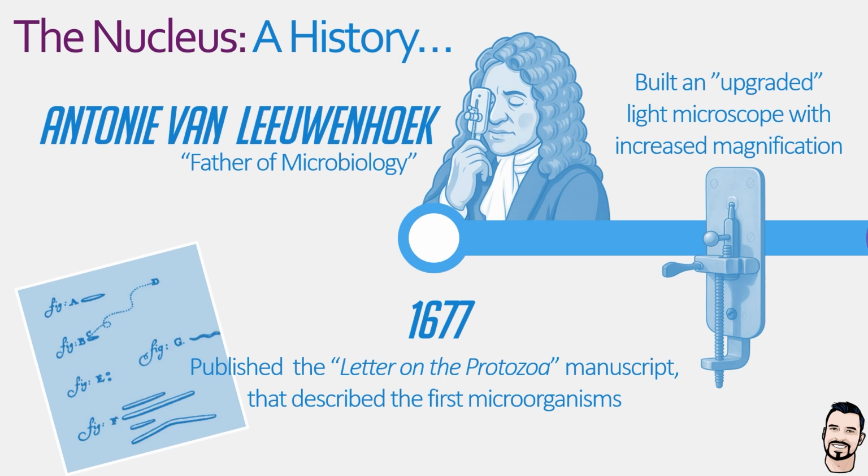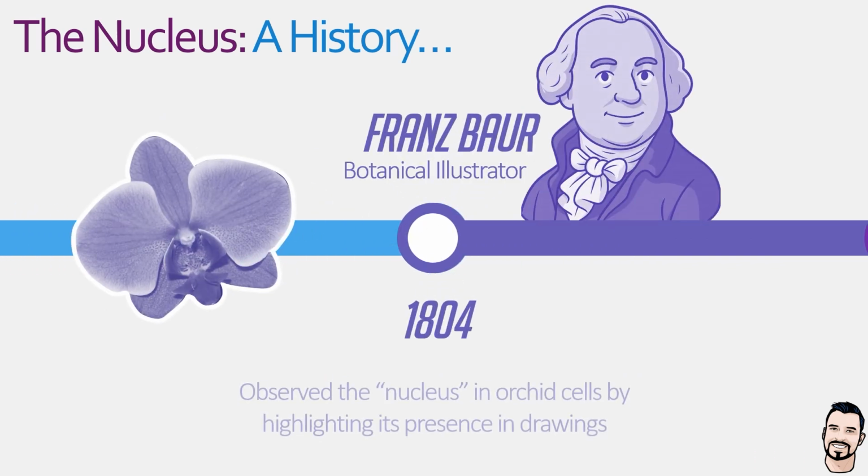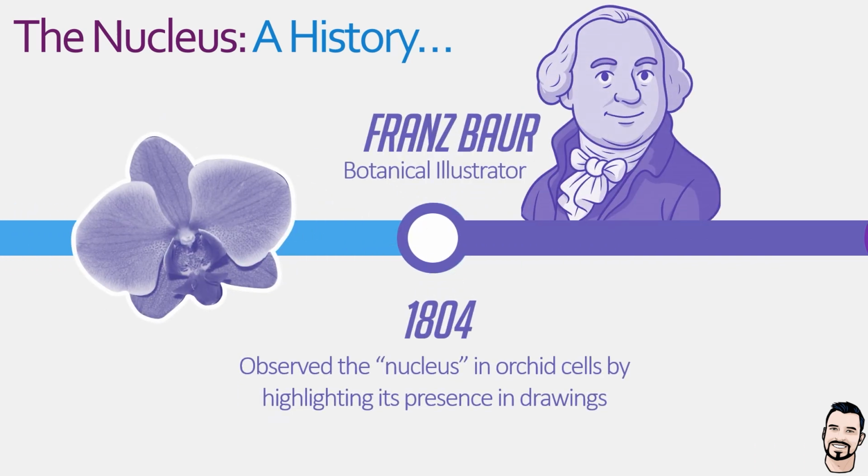Now, after the work of Leeuwenhoek, there was a bit of a wait before one of the next key discoveries was made, and this came a little over a century later, when we come to Franz Bauer, a highly skilled botanical illustrator working in the early 19th century. Now, Bauer wasn't formally trained as a scientist either, but like Leeuwenhoek, he had an eye for detail and a deep curiosity about the microscopic world, particularly the inner structure of plant cells.